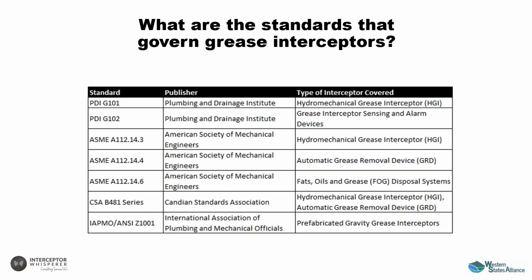ASME A112.14.3 governs passive hydromechanical. 14.4 is automatic grease removal. 14.6 are fats, oils, and grease, on-site disposal systems of FOG inside of a device. CSA B481 is the Canadian standard for hydromechanical grease interceptors and automatic grease removal devices. And then IAPMO Z1001 governs prefabricated gravity grease interceptors.